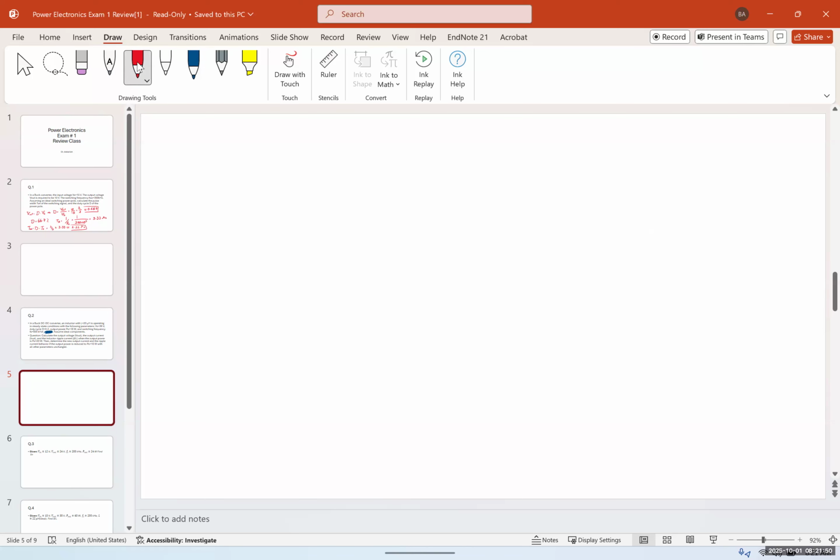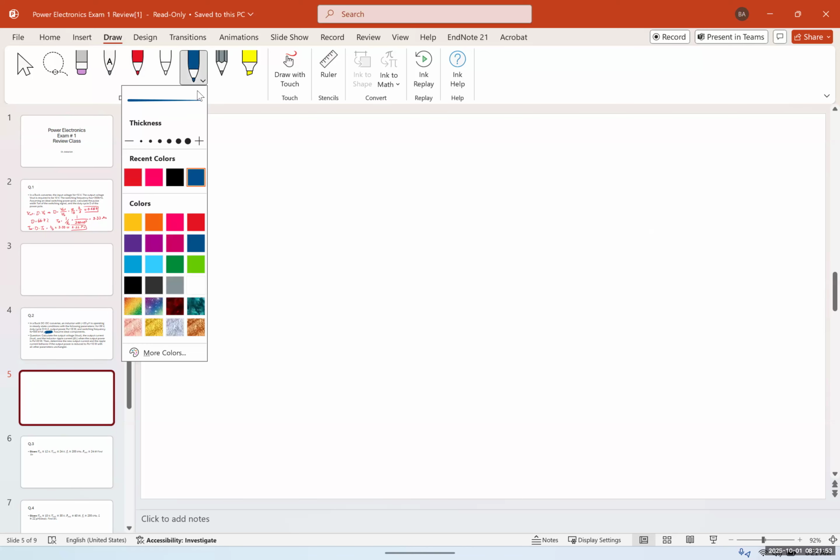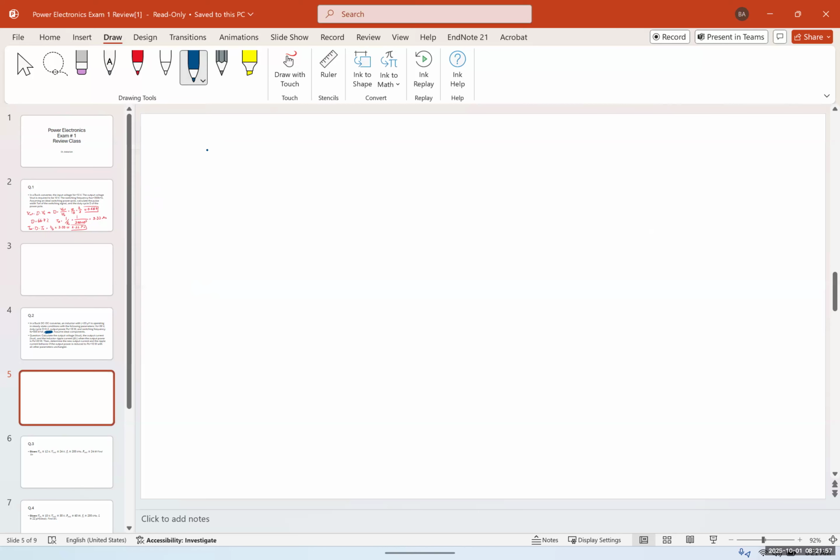So again, V out would be equal to D Vs. Duty ratio is 0.2. The source voltage is 36, so it gives us 7.2 volts. So this is the output voltage.